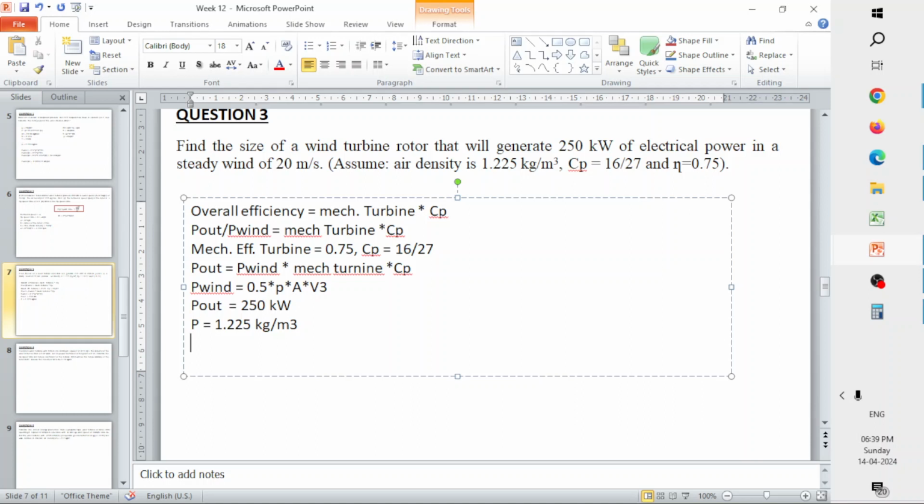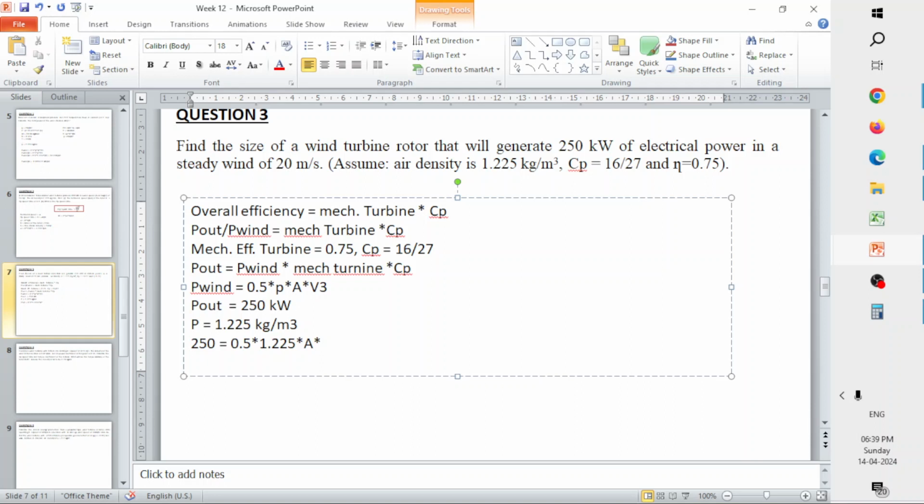You can write it as 250 kilowatt is equal to P wind, that is 0.5 times rho, the density, 1.225, times area. We do not have an idea of the area, as said by one of you, so A is what we are supposed to calculate, times V cube.